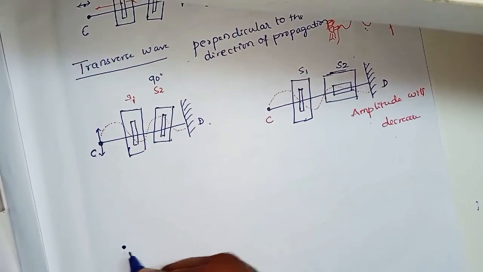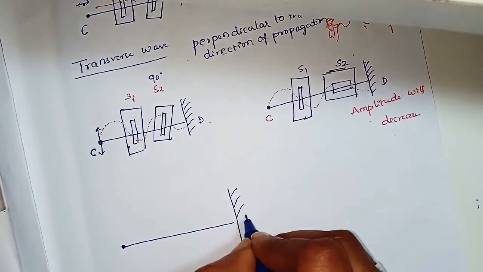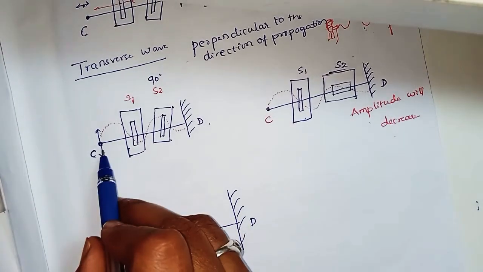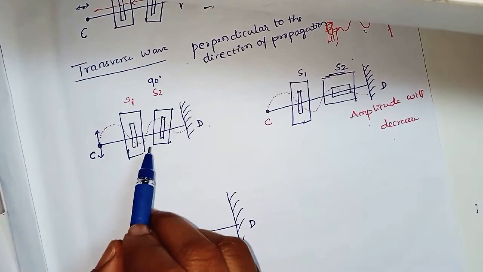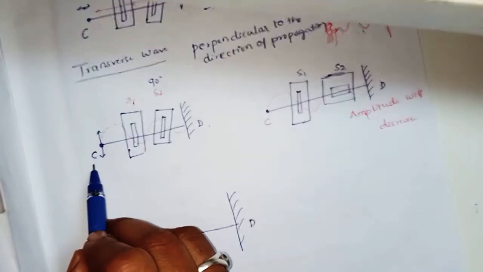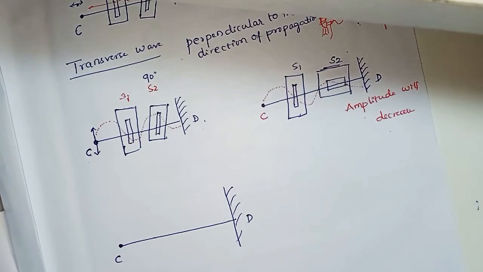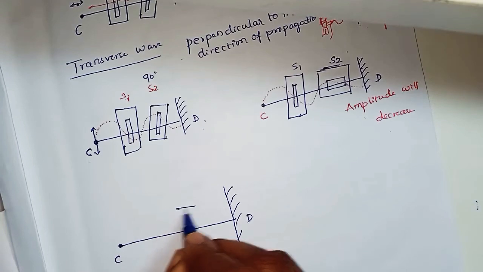The same point C. Okay, this is the fixed end D, this is the free end of the string. CD is a string, D is a fixed point, C is a free point. Let me keep one more slit.